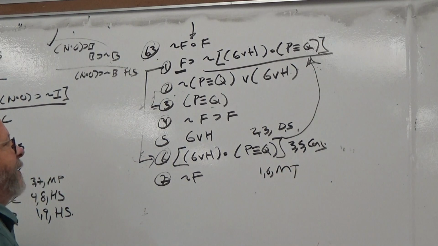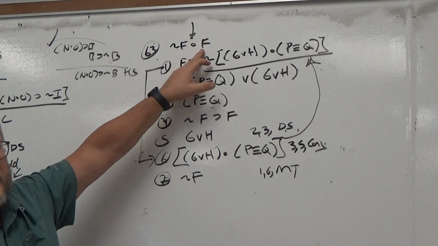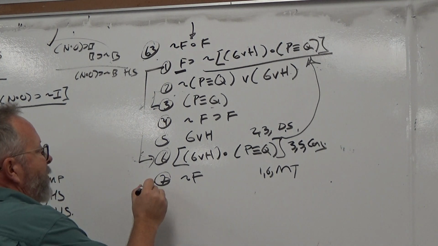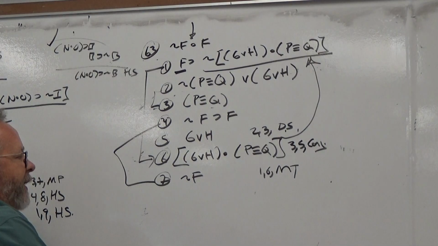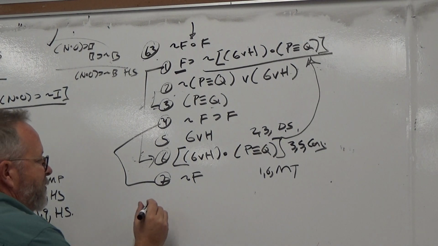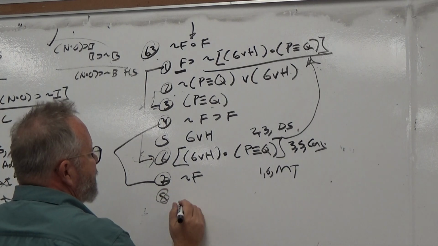Now, interestingly enough, now we need an F, right? We can get an F in one of two ways. We can either do 4 and 7 modus ponens and get the F, or we could do 4 and 7 modus tollens and get the F. I'll just use modus ponens.